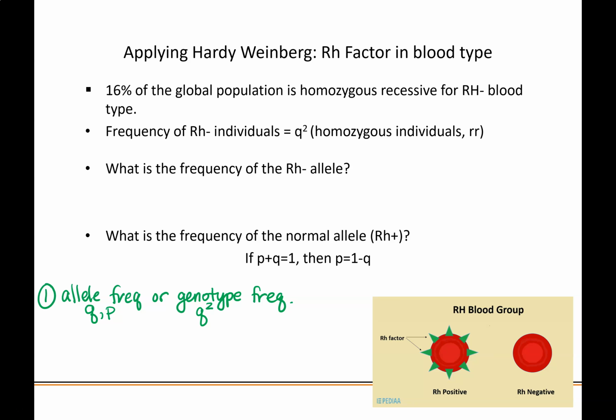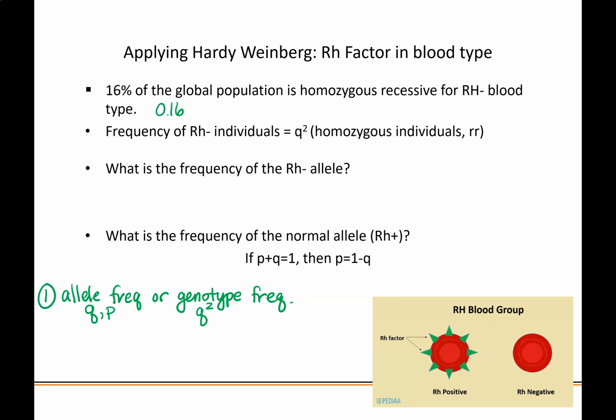So I told you that 16% of the population, if we write that as a frequency, is 0.16. 16% of the population is homozygous recessive for Rh negative blood. I want you to pause for a second and think about what I gave you. Did I give you an allele frequency or a genotype frequency?